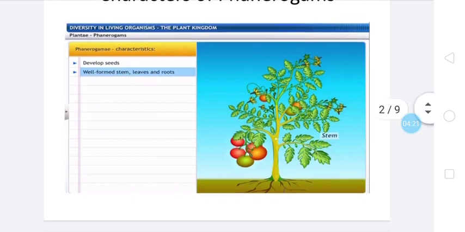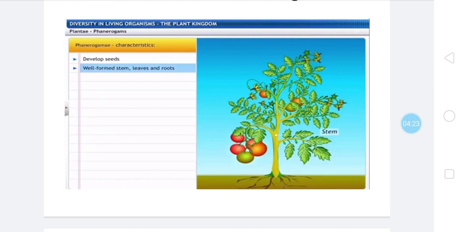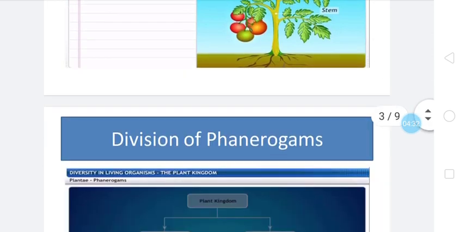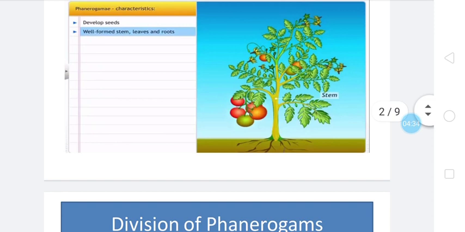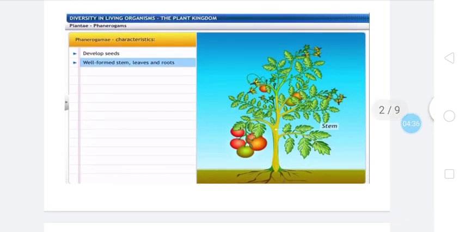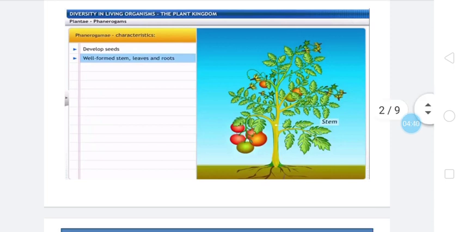But Pteridophyta onwards, this conduction system has developed. It is present in the stem and leaves. So here the conduction system is present in these phanerogams, which include gymnosperms and angiosperms.